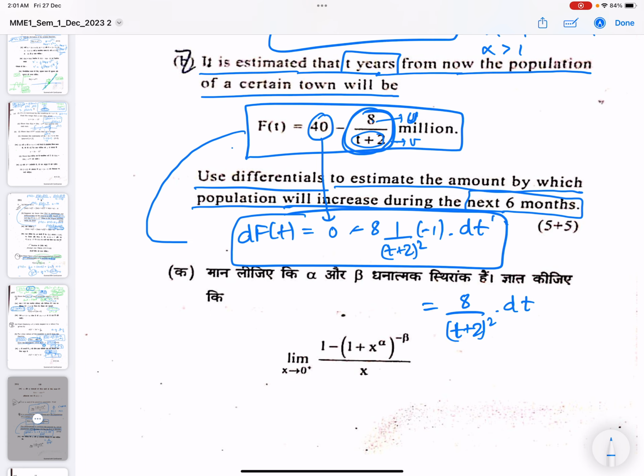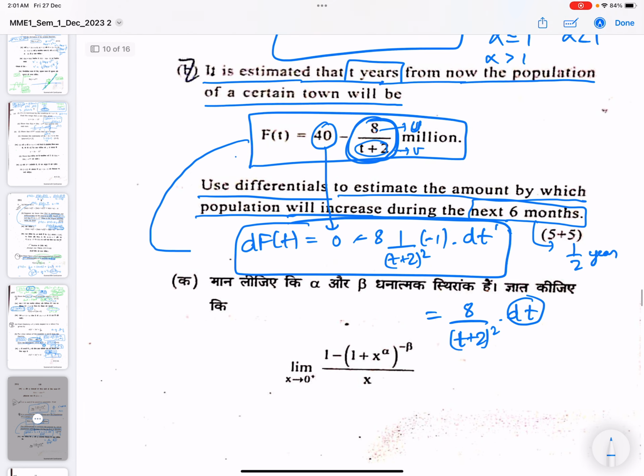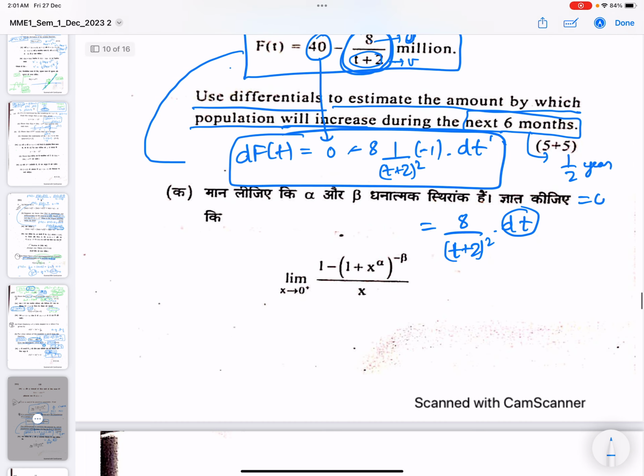Now, 6 months is half a year, because t denotes the years from now. So half a year would be denoted by 0.5.